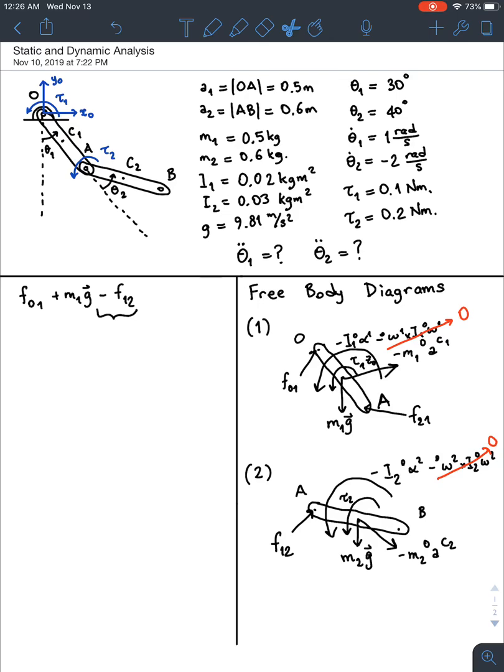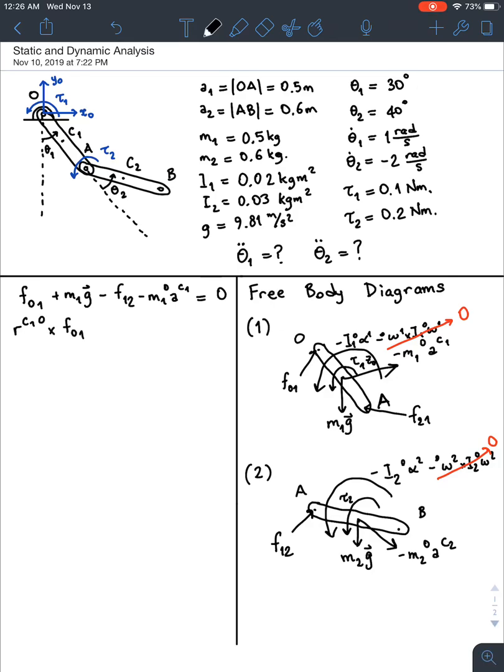So let me continue. And the only force that is left that I haven't written yet is the inertial force, right? This is minus m1 times acceleration of point C1 in the zeroth frame equals 0. That's the force balance. The moment balance about the center of mass looks like, so I need to draw the position vector from C1 to O cross what?